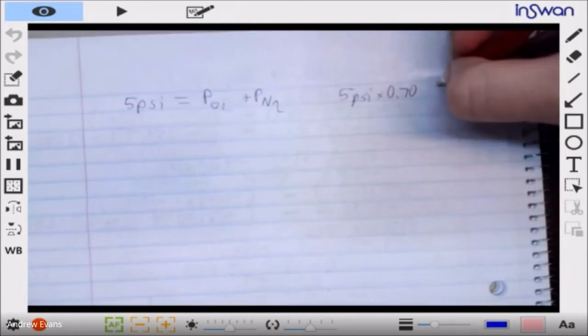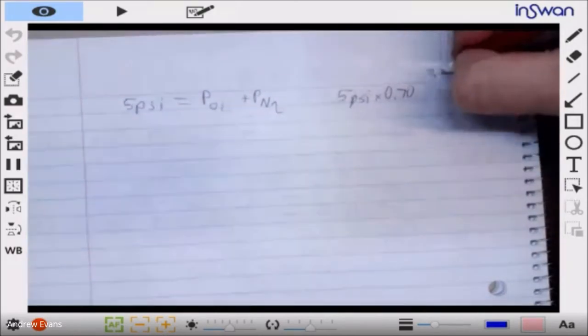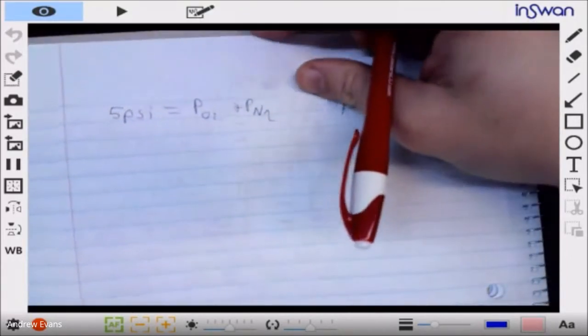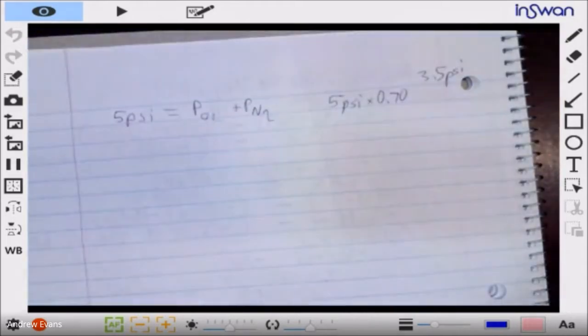Doing that, it's 3.5 psi, meaning nitrogen would have to be 1.5 psi. When you add those two together, you get 5. That one was literally supposed to be that simple. However, you have to understand percentages and what it means to be a mixed gas.